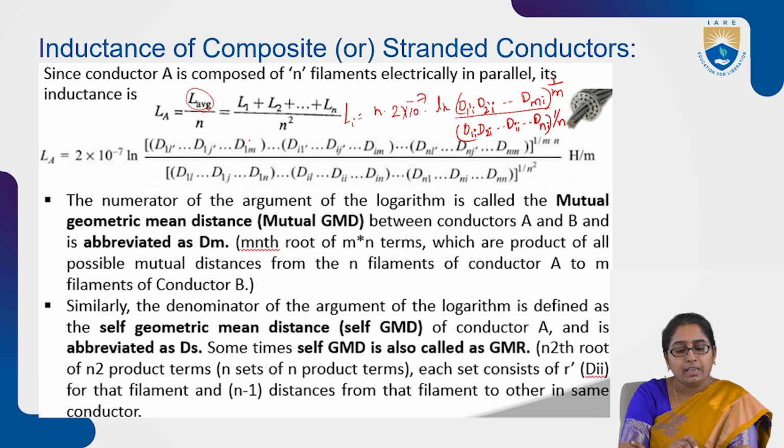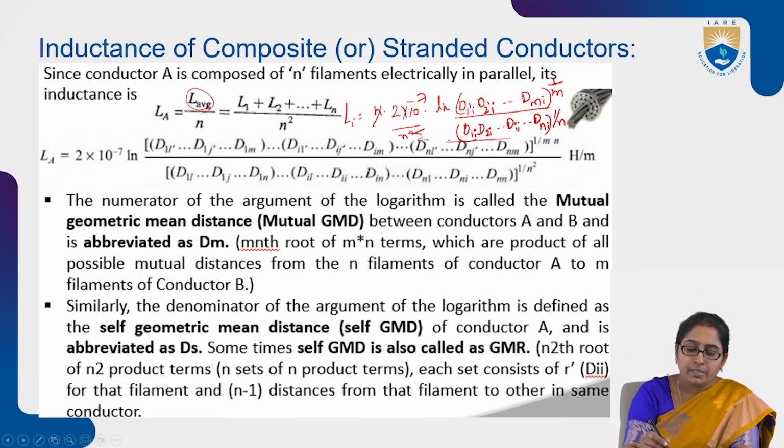So come to the La here. Addition of all L1 plus L2 and so on, Li and so on, Ln, divided by n square, right? So what you will get by n square: this n gets cancelled. We have 1 by n, so this 1 by n comes here as well as here.